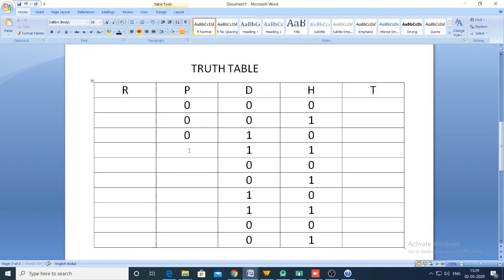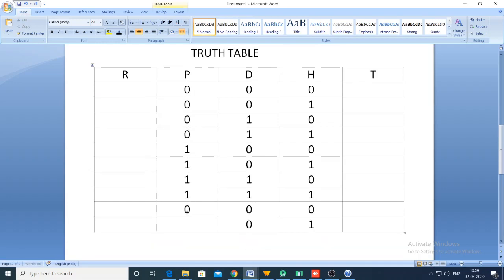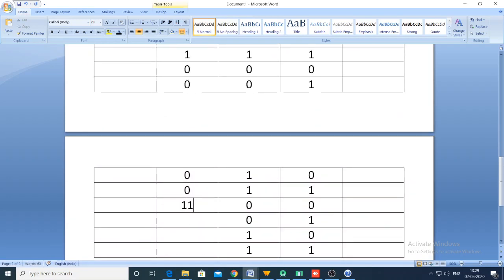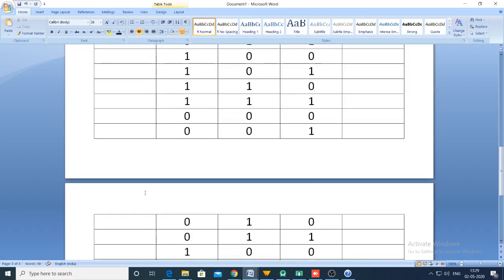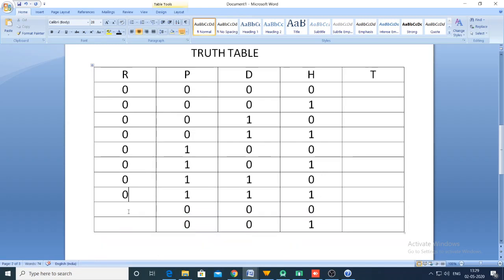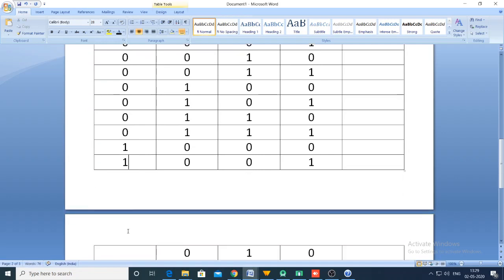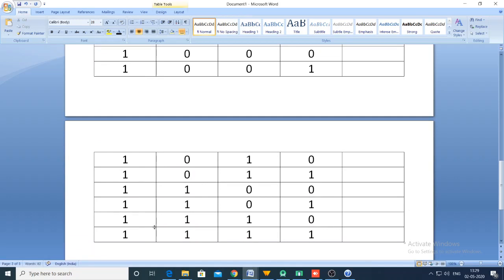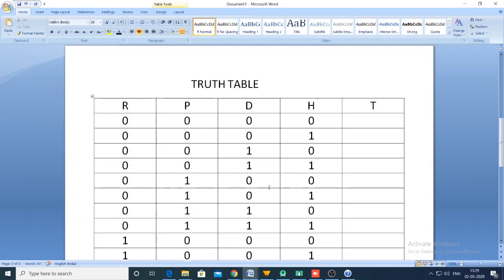The third variable is 0 0 0 0 1 1 1 1, then 0 0 0 0 1 1 1 1, and the third variable is over. Then the fourth variable is 8 times 0 and 8 times 1. This is how we have to prepare a truth table.